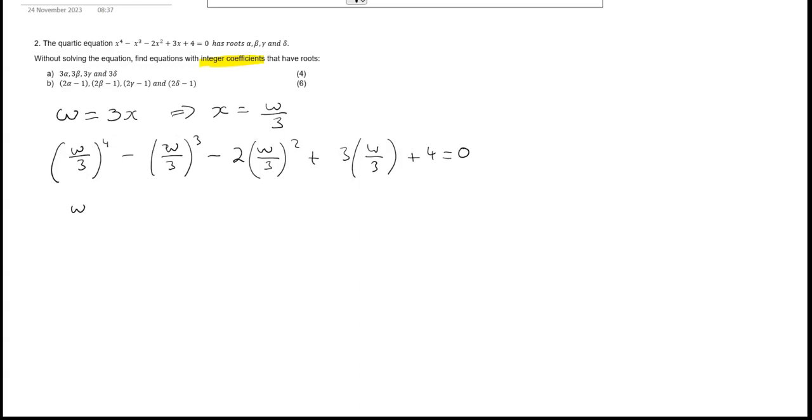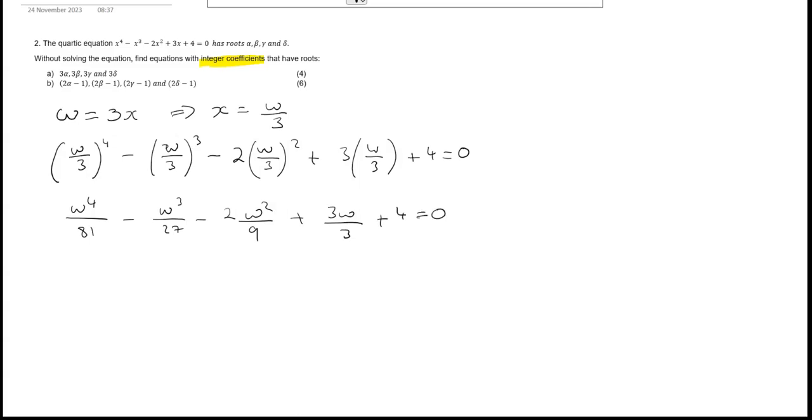And if I expand this, w to the 4 over 81 minus w cubed over 27 minus 2 w squared over 9 plus 3w over 3 plus 4 equals 0.